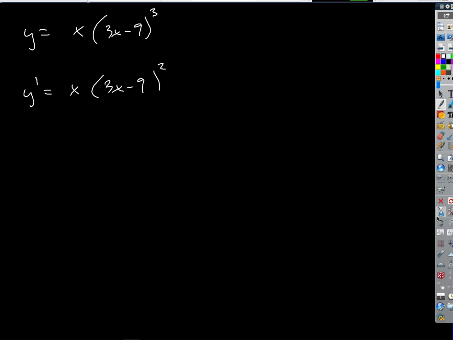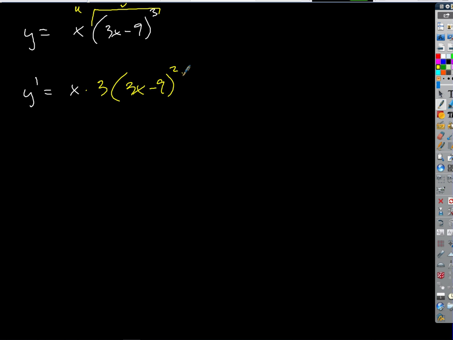Wait, why is it squared? Well, because I'm taking a derivative. I haven't put the 3 there yet. So times the derivative of all this stuff. Because here's my u, right, and all this stuff is my v. So I'm going to multiply by 3 times the quantity 3x minus 9 squared times what?